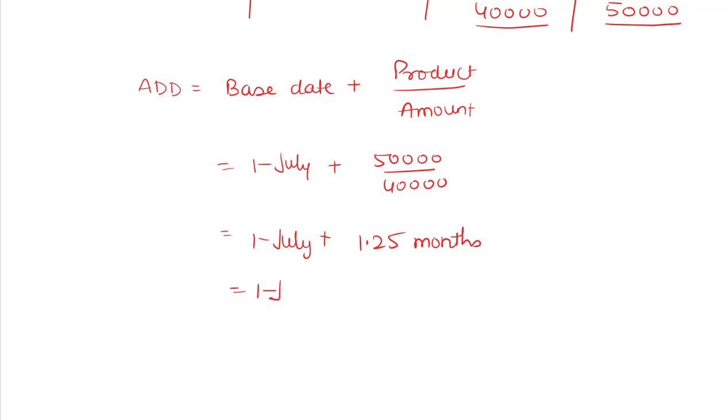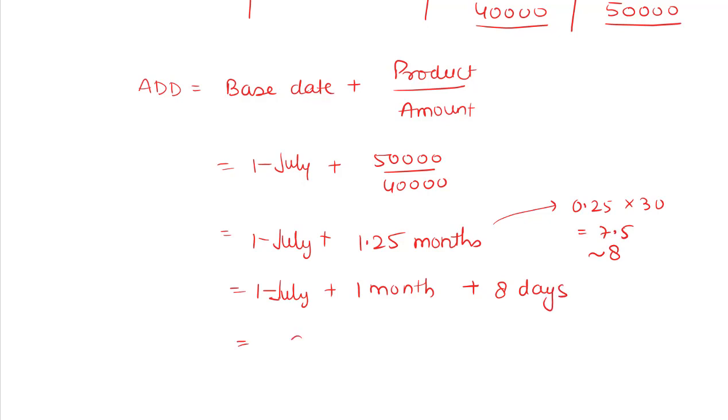This means 1st July plus 1 month plus 0.25 months, convert into days. 0.25 multiplied by 30 is 7.5, equivalent to 8 days. The average due date is 9th August.